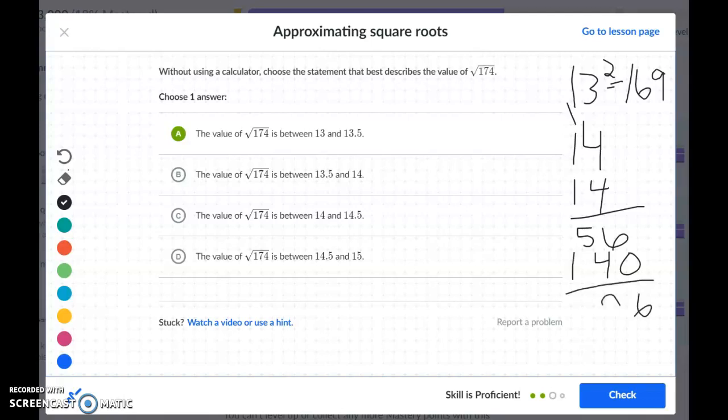Add it up, 1, 9, 6. So 14 squared is 196, and 14 would be too high, but 13.5 is looking pretty good.